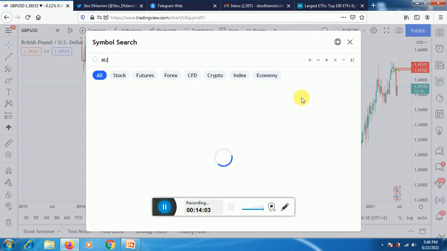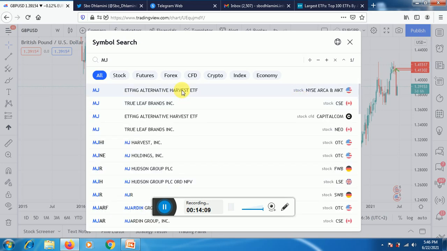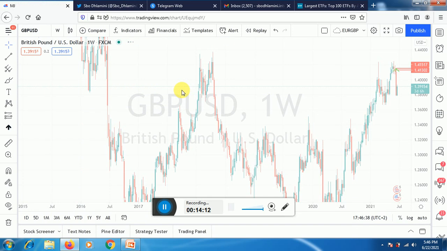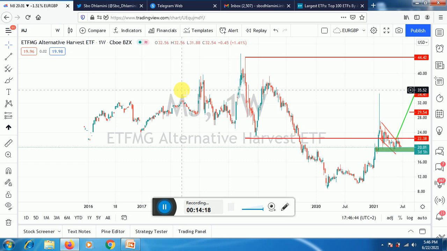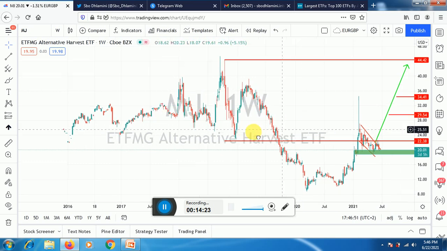That's the ticker code. There it is at the top. It is listed on the Nasdaq exchange.